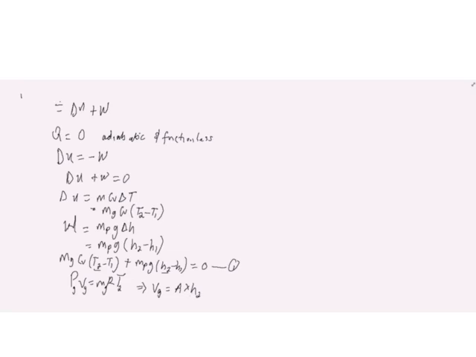So we have the pressure of the gas multiplied by the area multiplied by the height h2 equal to the mass of the gas multiplied by R multiplied by T2.